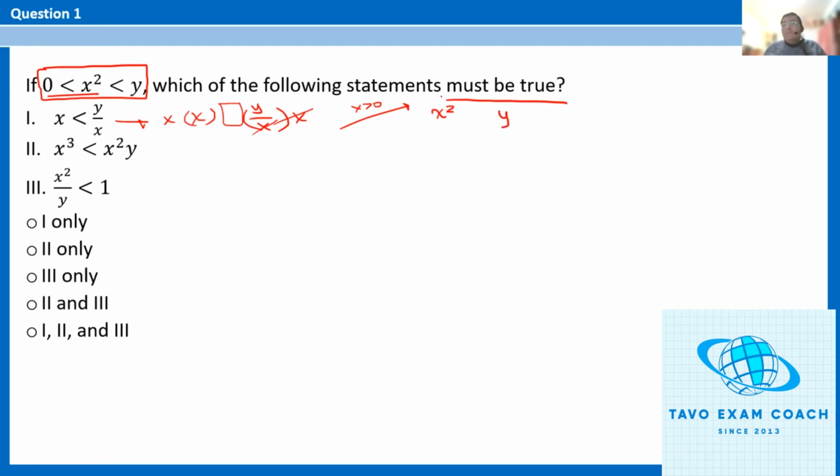Since x is positive, I've multiplied both sides of the original inequality by a positive number, so the direction of the inequality symbol remains the same.